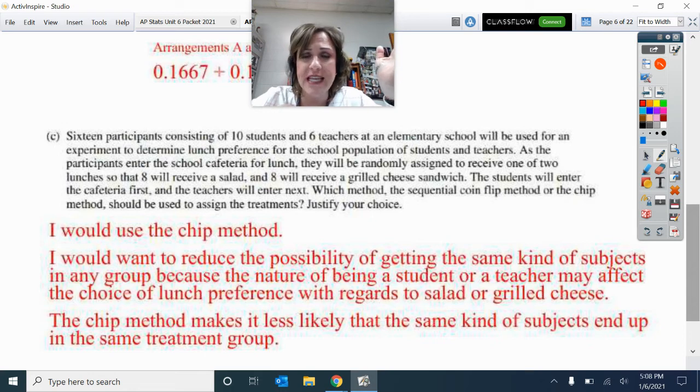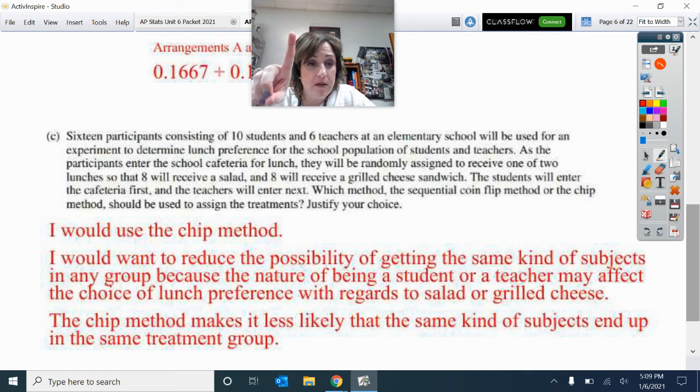They very well could say, bleh. So we want to avoid getting all 8 people that are going into the salad group being all students. We want to avoid having all the same kind of people in one treatment group. That's the goal. So I would use the chip method.